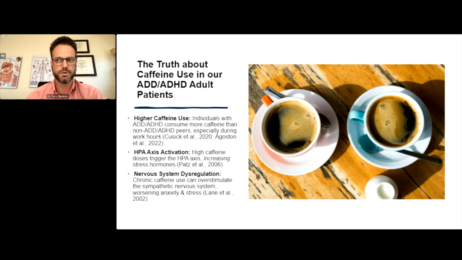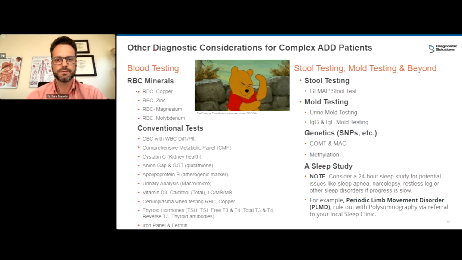Some people have slow metabolism of caffeine, other people have a really fast metabolism, it's roughly 50-50. So you may be wondering, okay, I did an organic acid test, but Dr. Sam talked about all these other things that could be going on with my patient, or I don't work with ADD patients. What other tests should I be looking at?